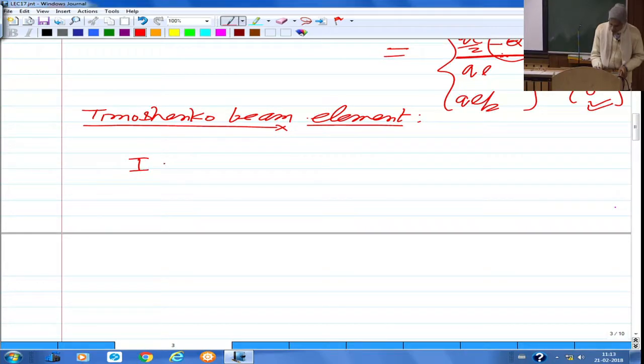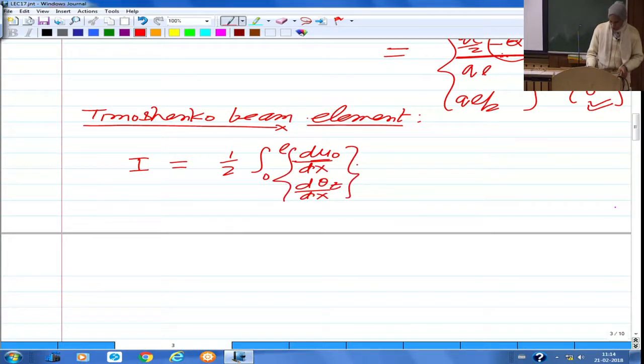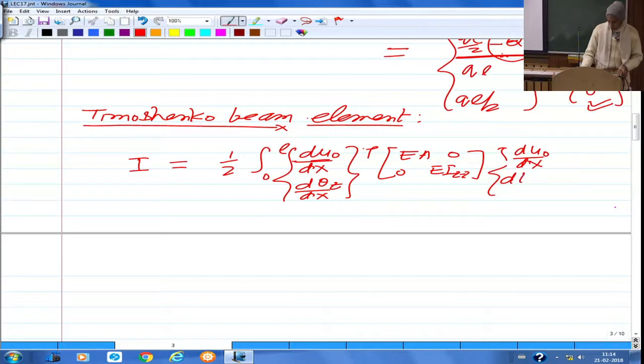We had this energy functional I, which would be there in your notes. I'll just write a few terms to remind you what we did. We had the integral from 0 to L of du naught by dx, as I said we are also considering the axial displacement here, and d theta z by dx, transpose, times EA and EIzz, and then du naught by dx and d theta z by dx.